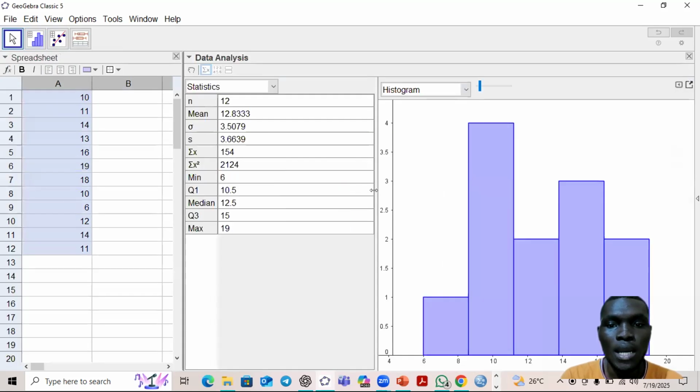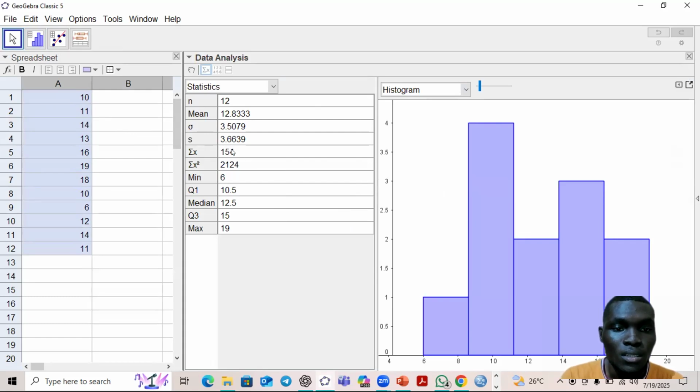When we analyze, we can determine the mean of the data set, the variance, the standard deviation if our data is a population, and the standard deviation if our data is a sample, that is, we've taken a sample out of what we have.